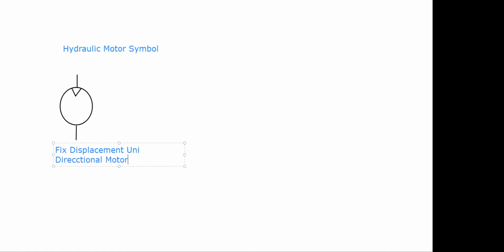And what is the difference between the symbol of this pump and motor? The only difference is this triangle here. This triangle is inverted in the case of a motor, and this triangle is regular or simple in the case of a pump.